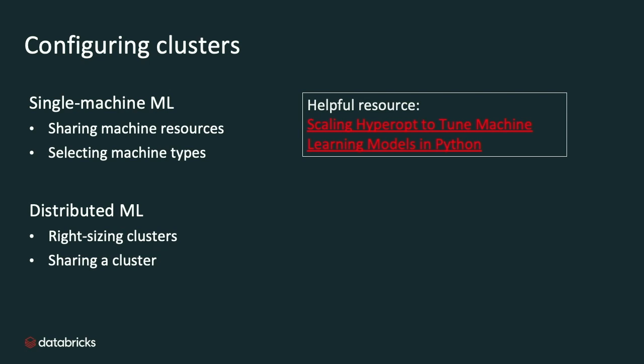So thinking about that beforehand can be critical. For distributed ML, right-sizing clusters and sharing clusters can be important topics. And for the latter, I'd really say take advantage of the cloud model and spin up resources as needed so that you don't need to share clusters and complicate things. And again, this resource has a bit more info.